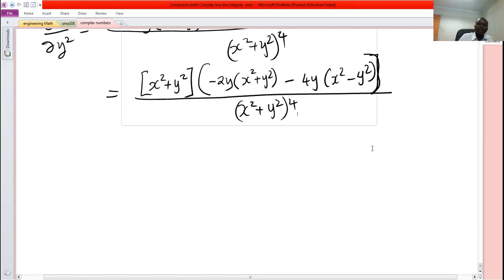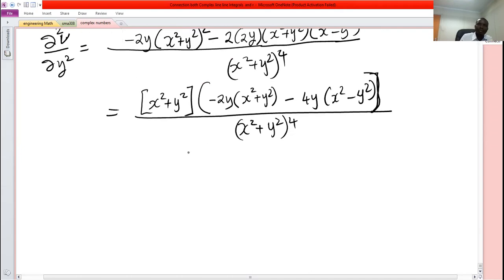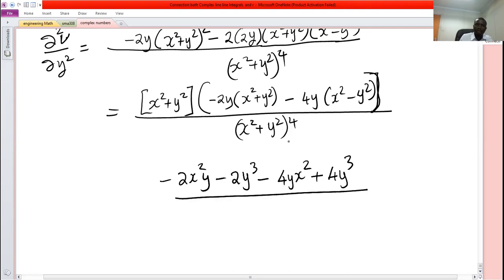Which you can now simplify. This and this, one of them will cancel, so that we have minus 2x squared y minus 2y to the power 3 minus 4y x squared plus 4y to the power 3, divided by x squared plus y squared to the power 3, because this one cancels with one of the powers.